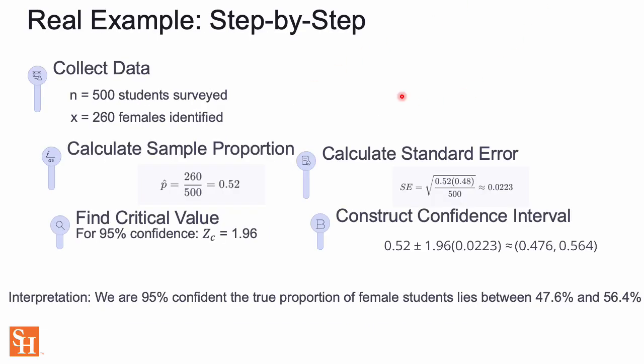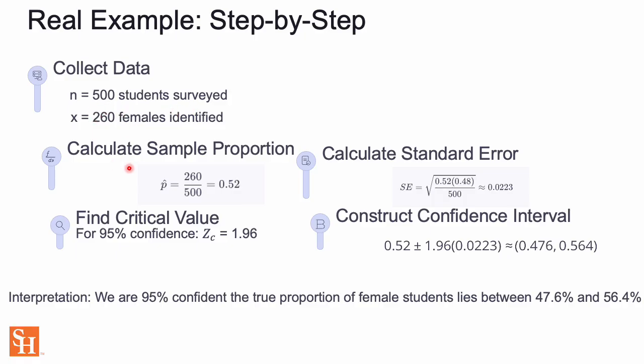So now let's look at an example of how we can calculate the confidence interval for a proportion. As I was saying, imagine we are interested in calculating the confidence interval for the proportion of female students at Sam Houston State University, and we took a sample of 500 students, and the number of female students among the 500 is 260, right?